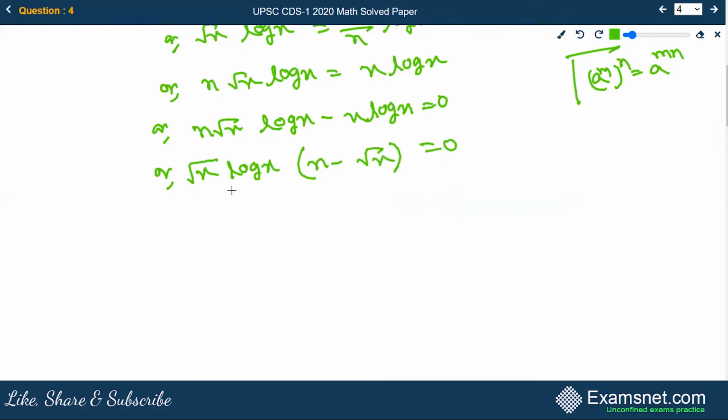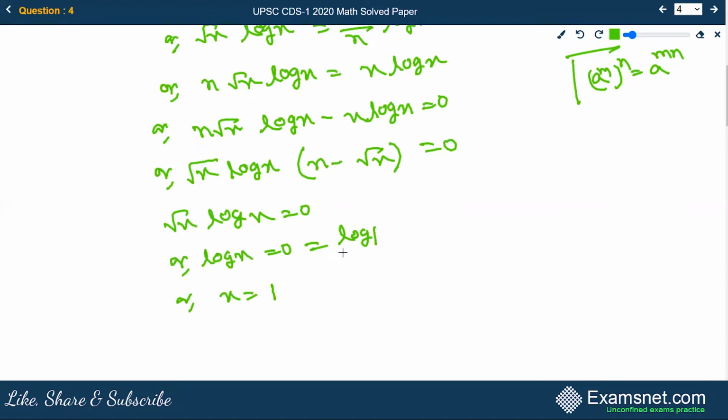So either the first term is 0 or the second term is 0. If the first term is 0, we can write log x equals 0. We know log 1 results in 0, so x equals 1.